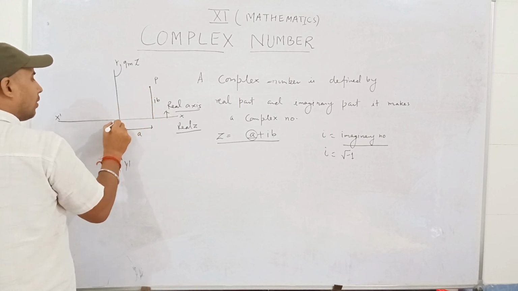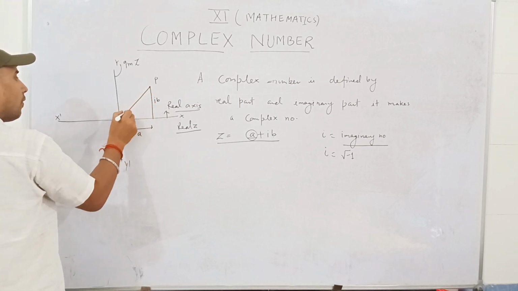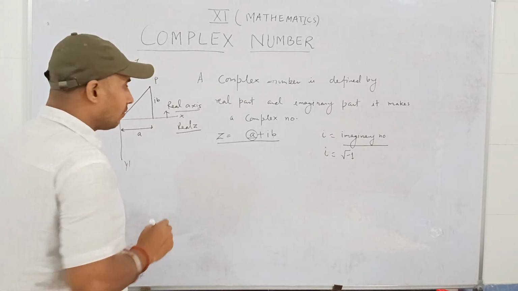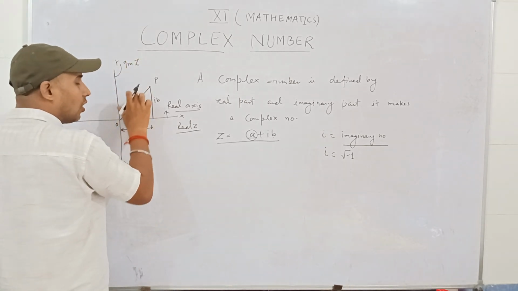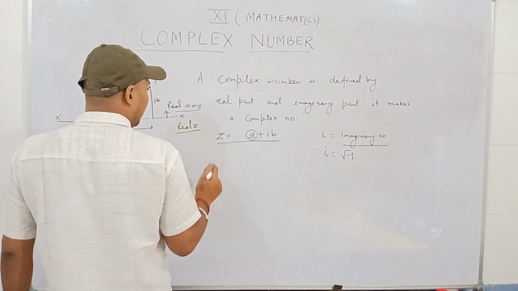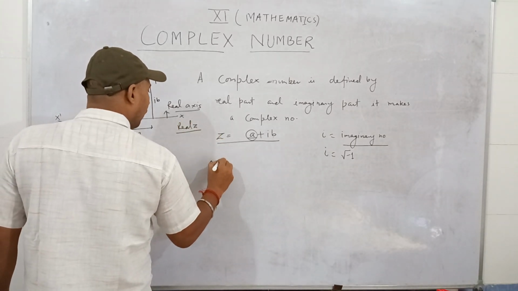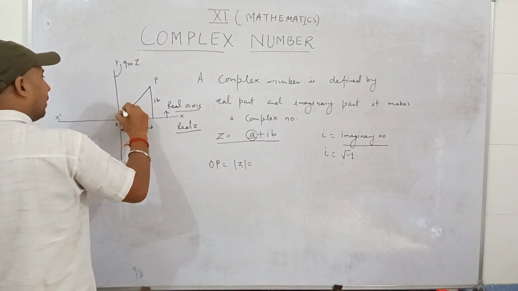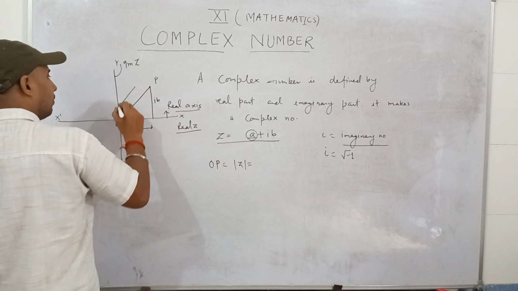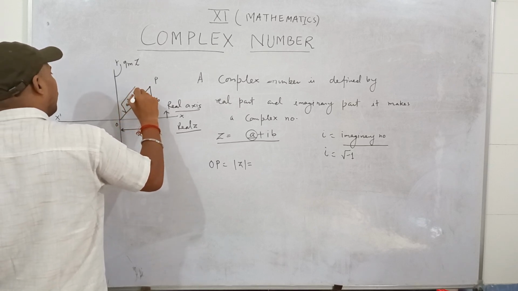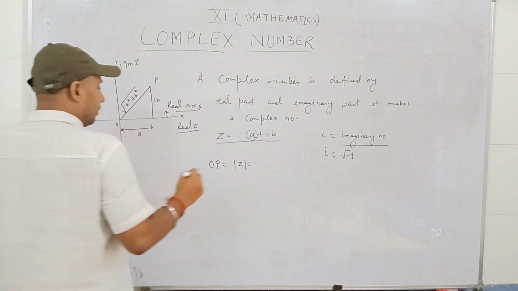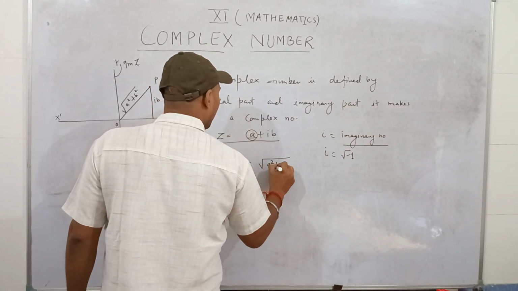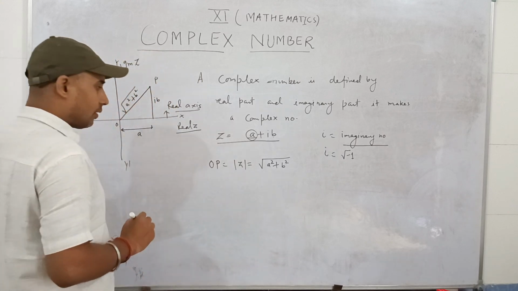Suppose that we join OP. This distance is called modulus, OP, mod z, and it is denoted by under root a square plus b square.